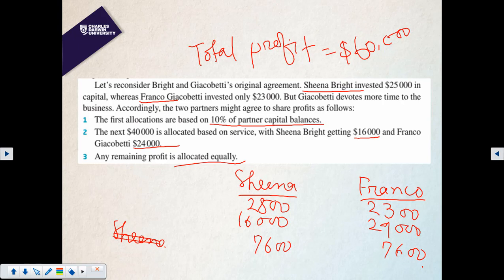So that is it. Then how much is remaining? Now all together 60. Have you got it, guys? Yeah. How much? 31,900 and this 20,100.